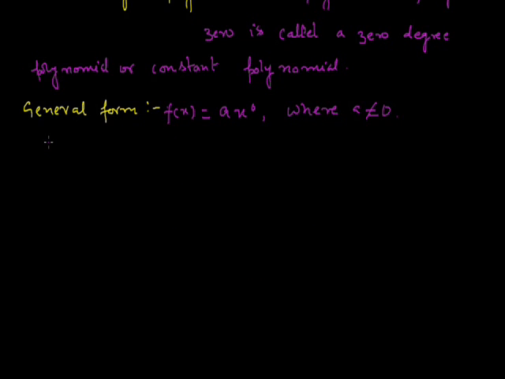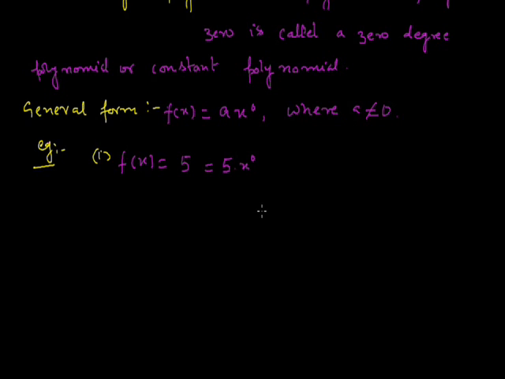Now we take some examples for zero degree polynomials. We write 5 in the form of 5 into x to the power 0. Here we see that the highest degree of x is 0. So this is a zero degree polynomial.